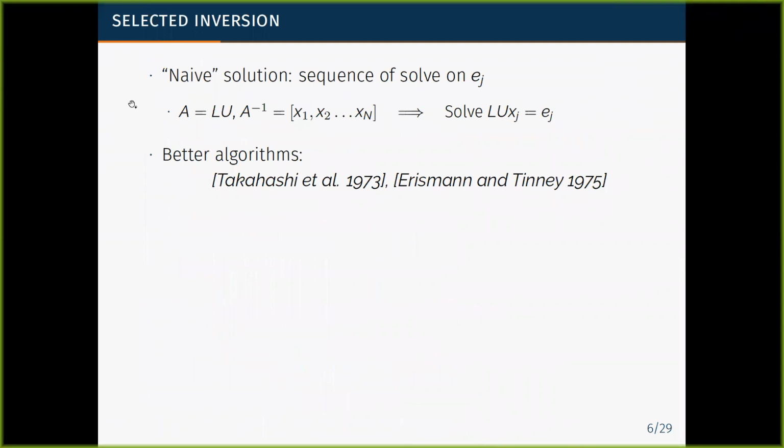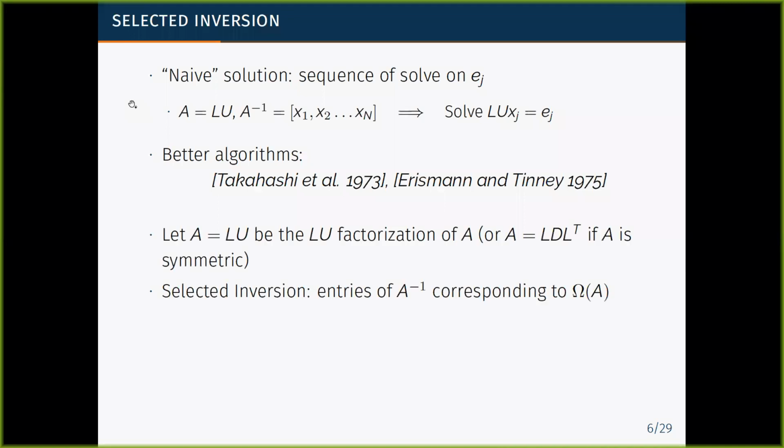So the naive solution was to compute a sequence of triangular solves on columns of the identity matrix. And of course, this is pretty inefficient. And so there are better algorithms, and selected inversion is one of them. We are computing the entries of the inverse corresponding to the sparsity pattern of the original sparse matrix A.